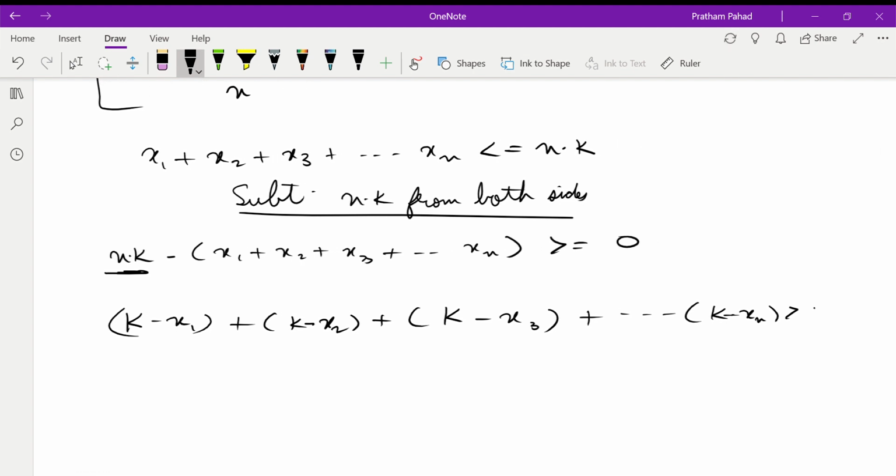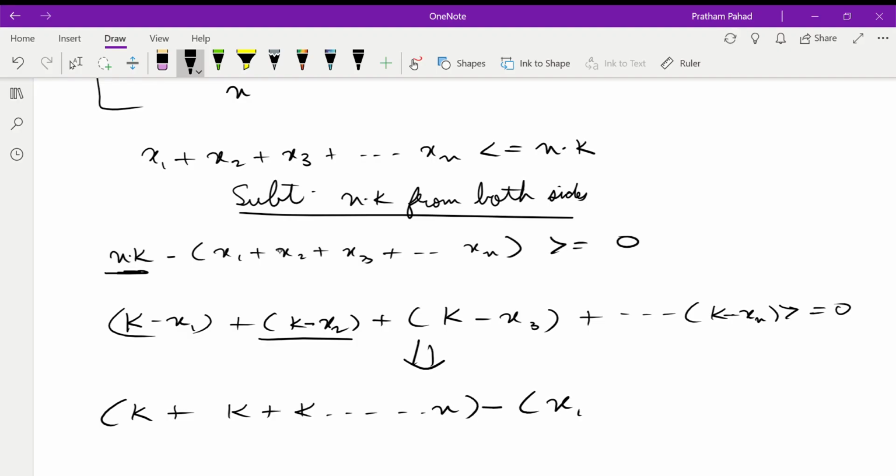Don't worry, I will break down this equation again. Can I write this equation? Yes or no? Okay, let's say if I again break down this equation, I will have k plus k plus k until n, minus, if I take minus common, (x1 plus x2 plus x3 plus xn). What is this?